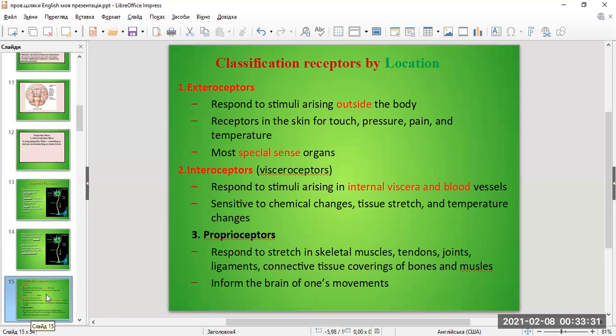Interoceptors, visceroreceptors, respond to stimuli arising in internal viscera and blood vessels. Sensitive to chemical changes, tissue stretch, and temperature changes.